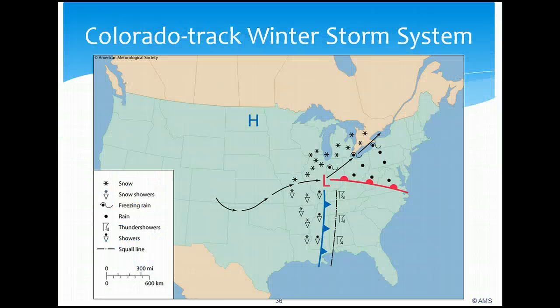This next slide is a schematic representation of a surface weather map showing the various forms of precipitation associated with a mature Colorado track winter storm system. Everything from snow to thunder showers to freezing rain and even rain and squall lines can be seen in this particular schematic.